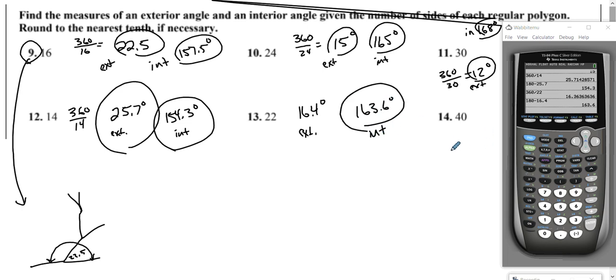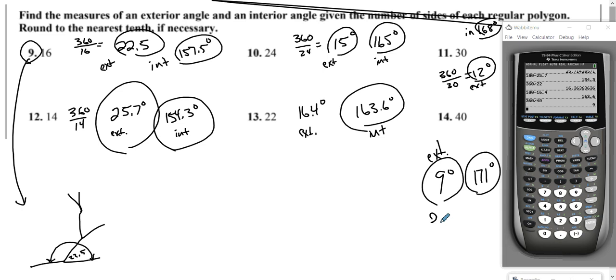And the last one, 360 divided by 40, I think it's 90, or it's 9. 360 divided by 40 is 9, so the exterior is 9 degrees, interior would then be 171 degrees. Interior. All right, there we go.